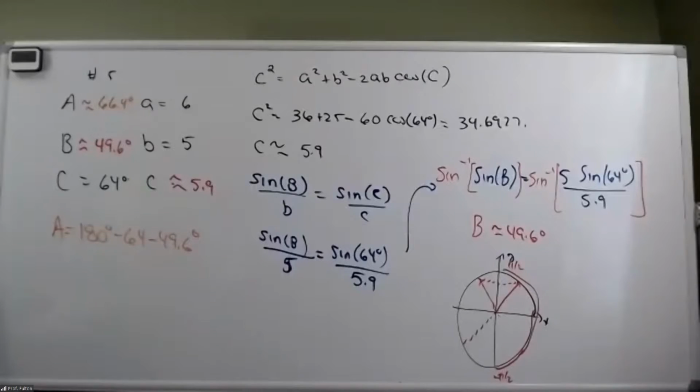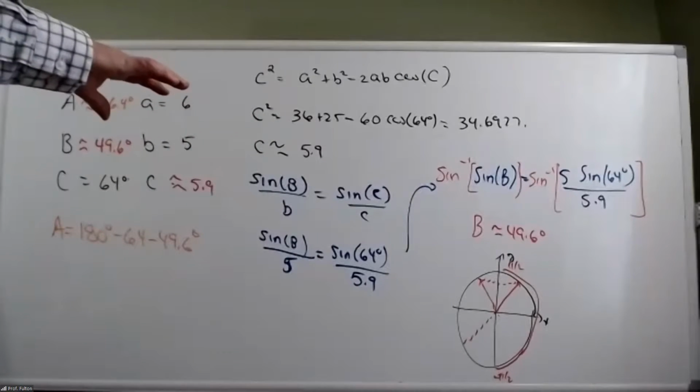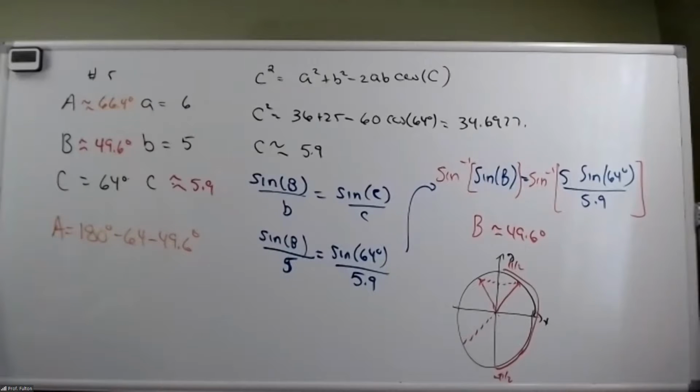So is it that you would add the 49.6 to the 64? Well, yeah, but that's going to give you 100 and something. And you see if there's another angle that would give you the same output as the 49.6 degree angle, would that work or not?